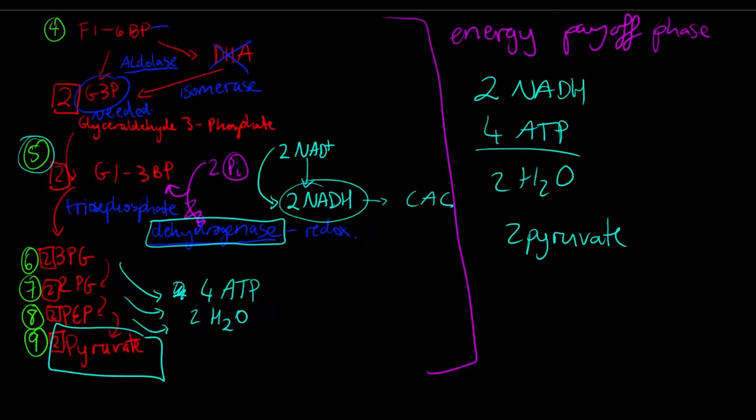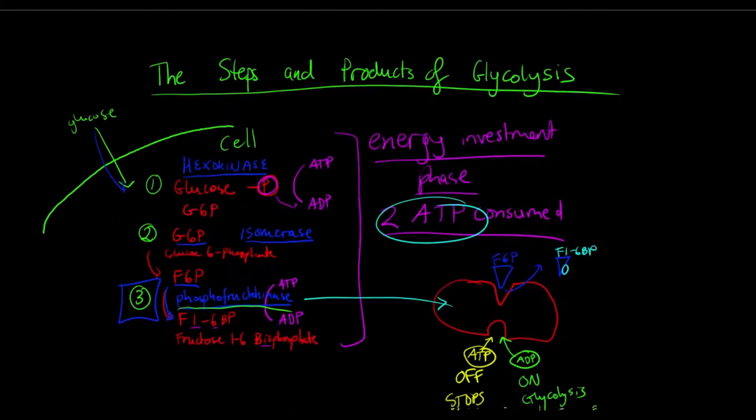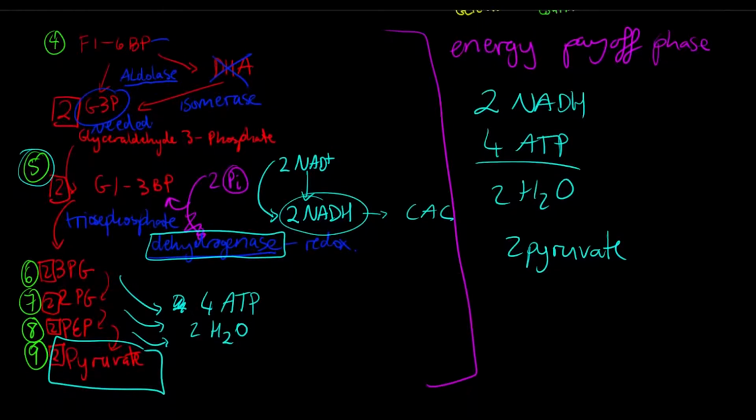We've got a total gain of 4 ATP, but because 2 ATP were consumed already, there's a net gain of 2 ATP for the whole glycolysis. That's why it's called the investment phase. Energy is put into the molecule to raise its potential energy, and we use 2 ATP.